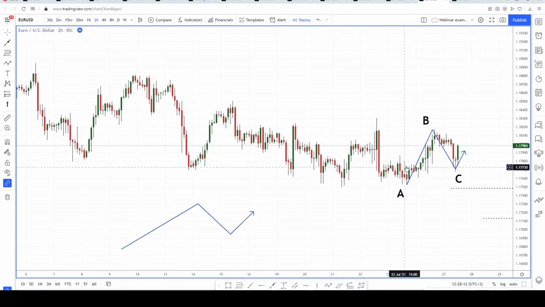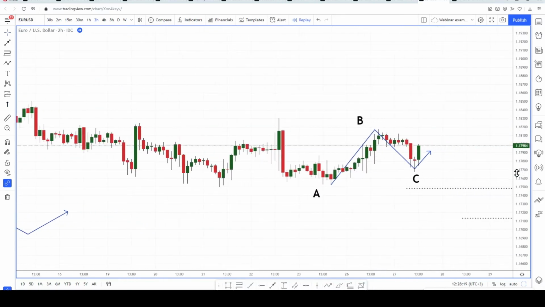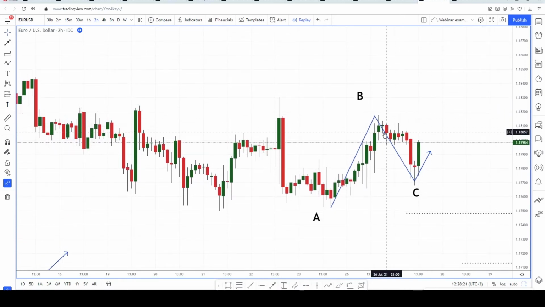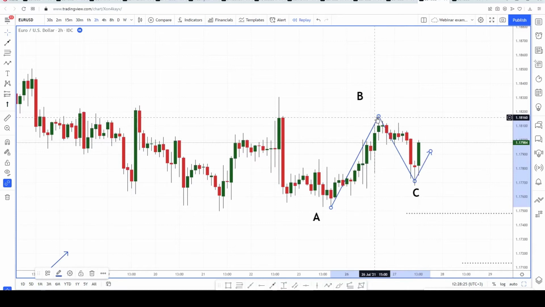So obviously we don't know the point B before the price has started to move lower. Let's make this a little bigger. So there's the point B, but the price needs to move lower in order for us to decide that yes, we do have the point B now in.